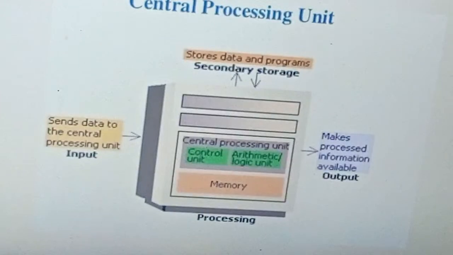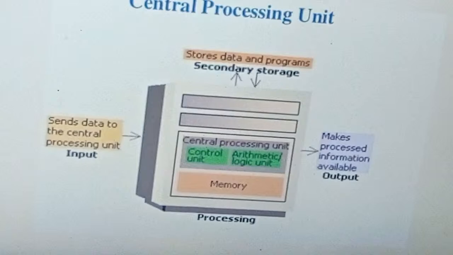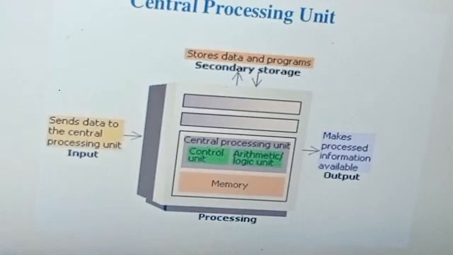Here the input data is processed into output. It executes a complex, extensive set of program instructions.